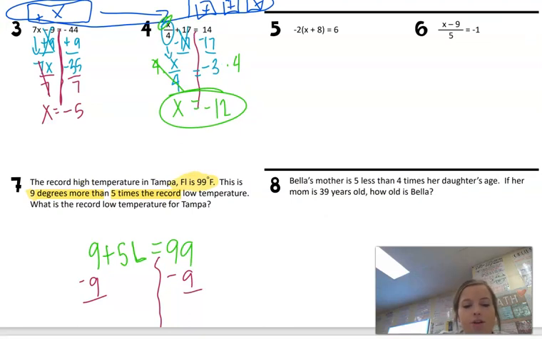We know we do this correct if this over here makes 0. 9 minus 9 is 0. We are left with 5L. 99 minus 9 is 90.